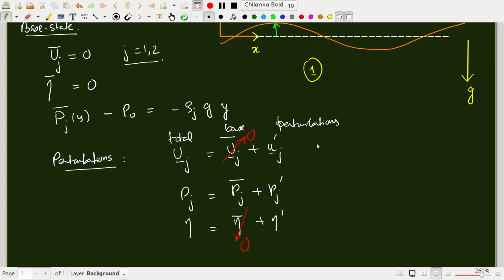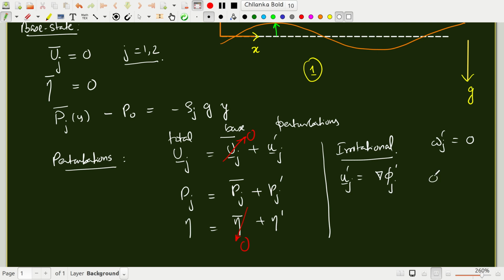It is customary to assume the flow due to the perturbations to be irrotational. Irrotational means that there is no vorticity in the two fluids in the perturbation flow, and therefore you can write the velocity field in both the fluids as the gradient of a potential, where phi j prime is the perturbation velocity potential.